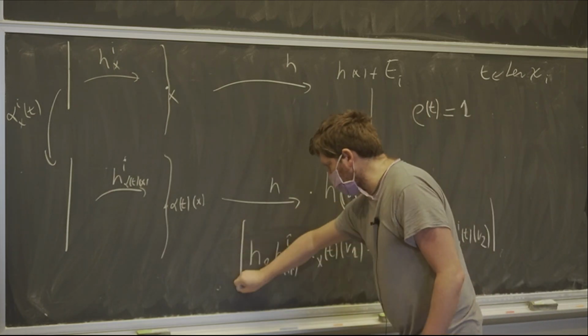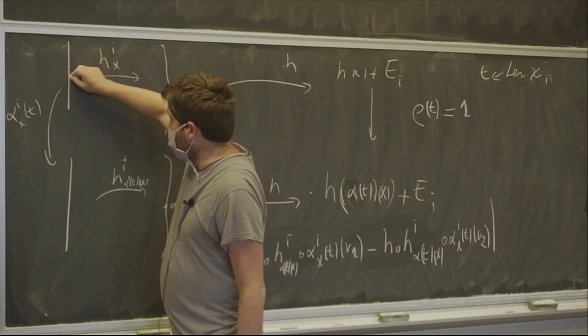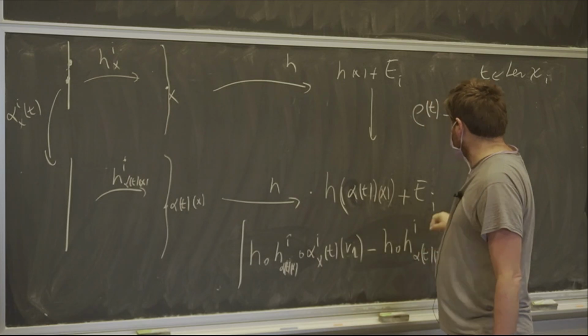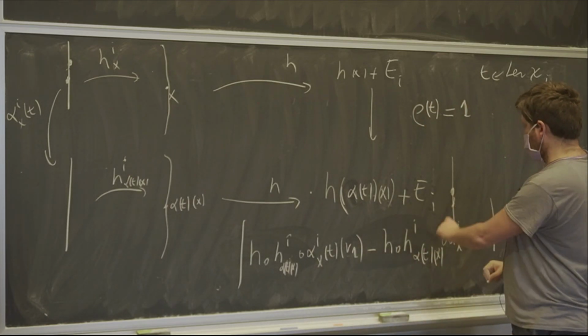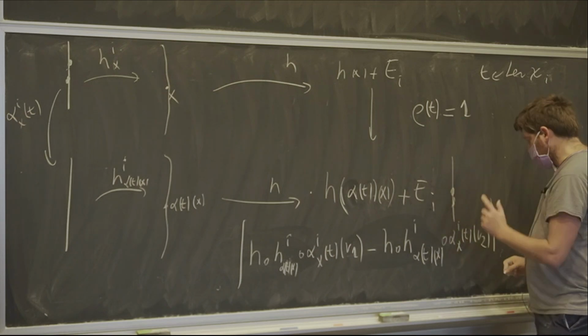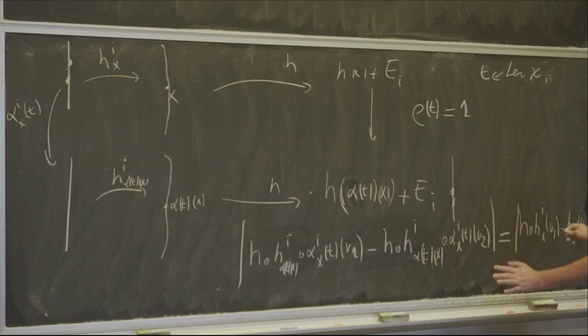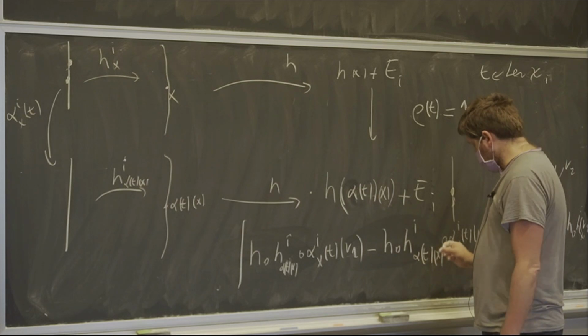The absolute value of this, which is the difference when I take 2 points here, I map them all the way onto here, and I look at the difference of these 2 points. This is exactly the same as h composed with hxi of b2. So that's what I know, and this is for every pair of points b1 and b2.